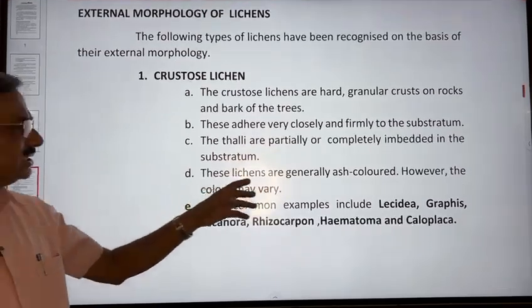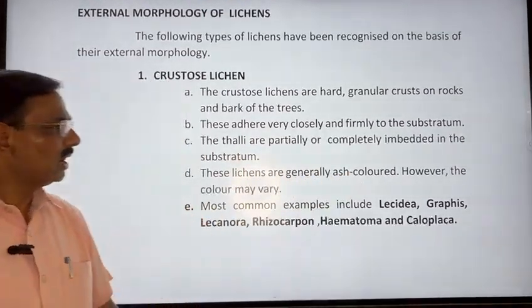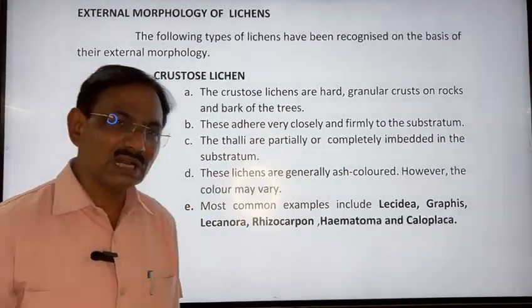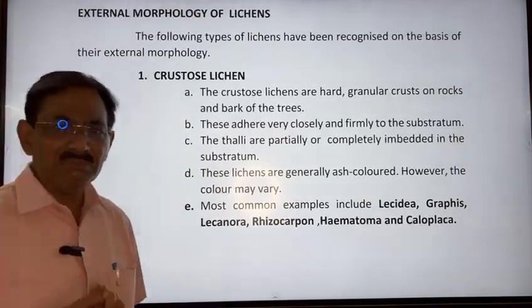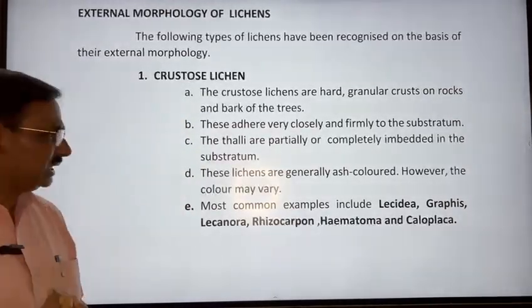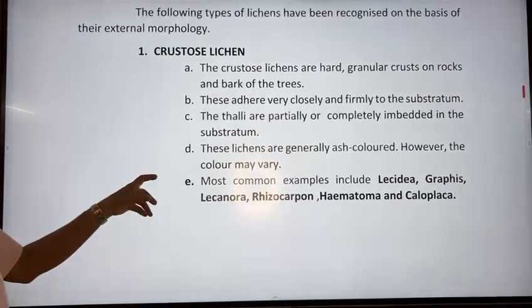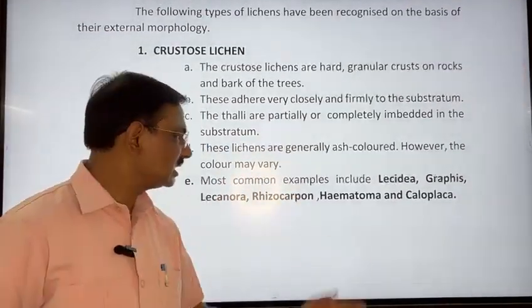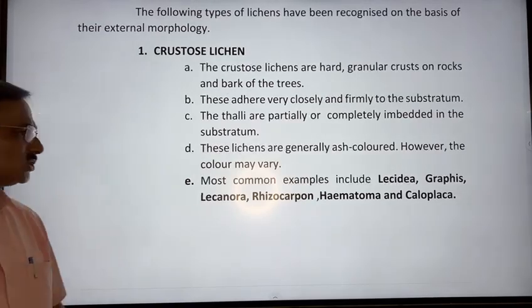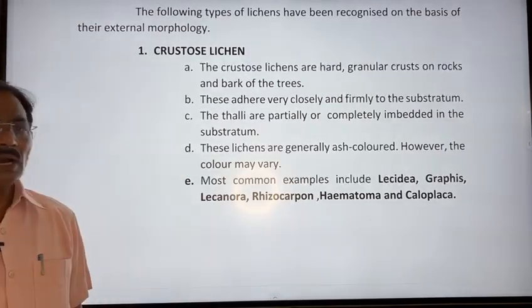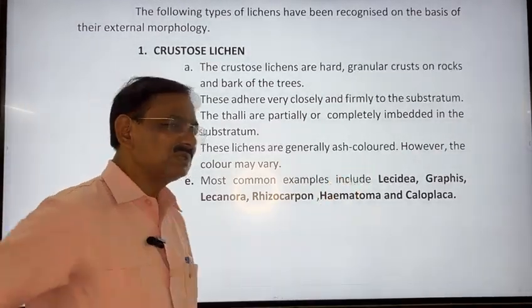These lichens are generally ash colored, or sometimes yellow, cream or white in color. Most common examples of such lichens are Lecidea, Graphis, Lecanora, Rhizocarpon, Haematomma, and Caloplaca.